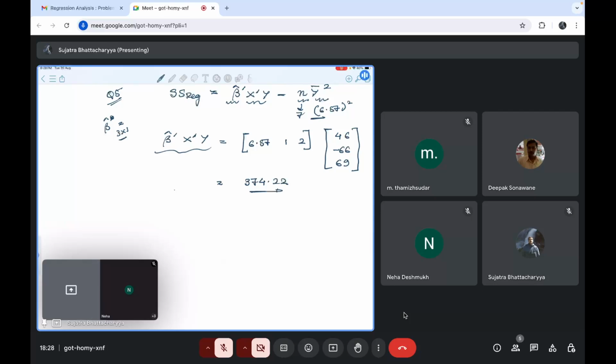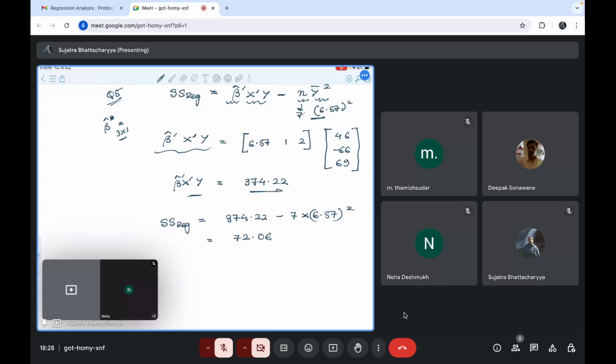So this is only beta hat prime x prime y. So SS regression is 374.22 minus 7 times 6.57 whole square. Once you do that, you will find this to be about 72.06.